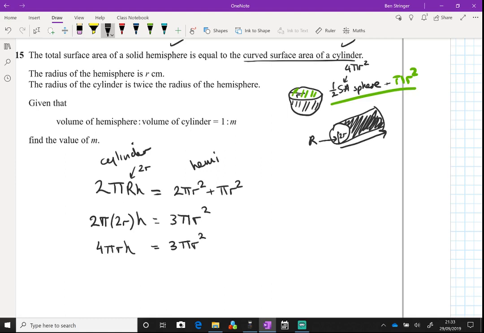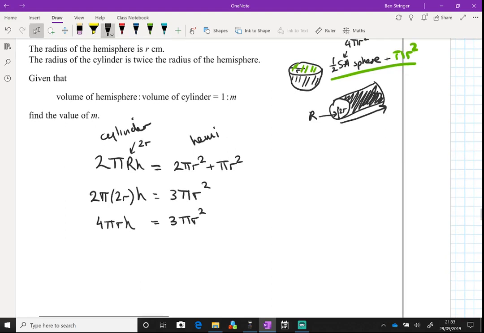So the height, if we imagine we've got that net, you do not know the height, not yet. Okay, so take 4 pi RH off both sides, 3 pi r squared minus 4 pi RH.